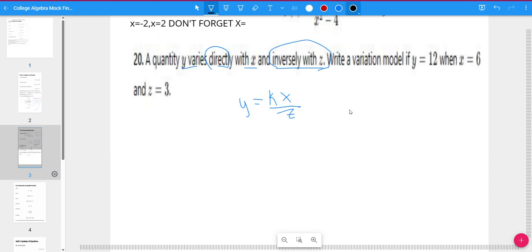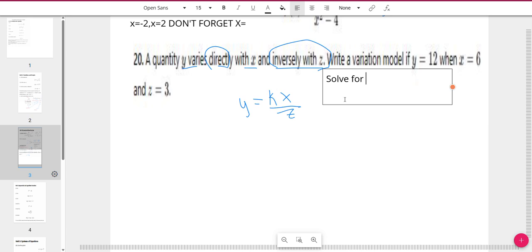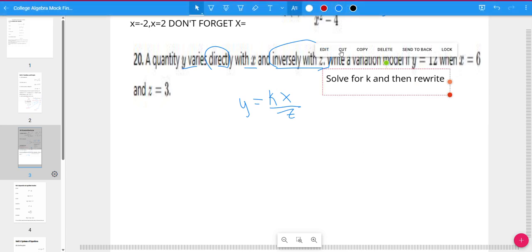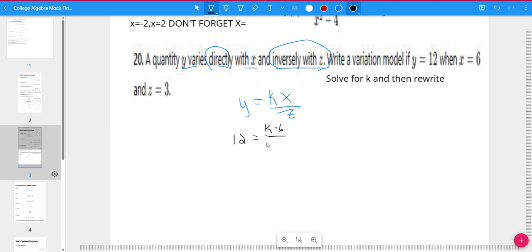And then a variation model means solve for k, like write a variation model means solve for k and then rewrite. Okay, so if we know that when y is 12 and k we don't know and x is 6, so k times 6 over 3.